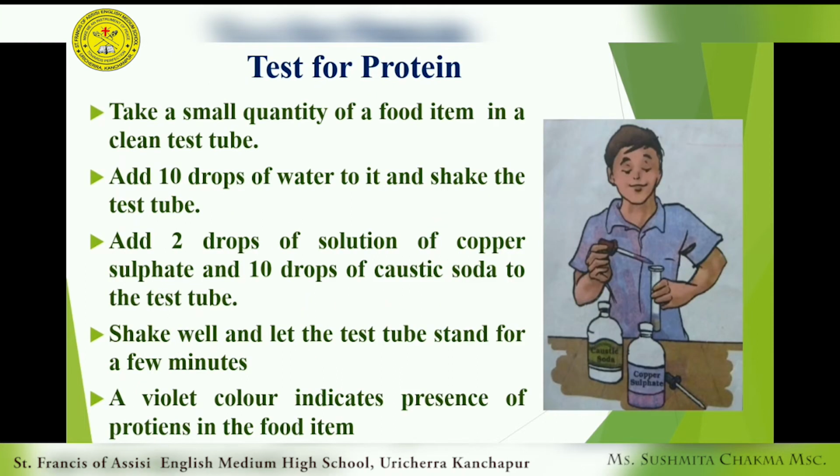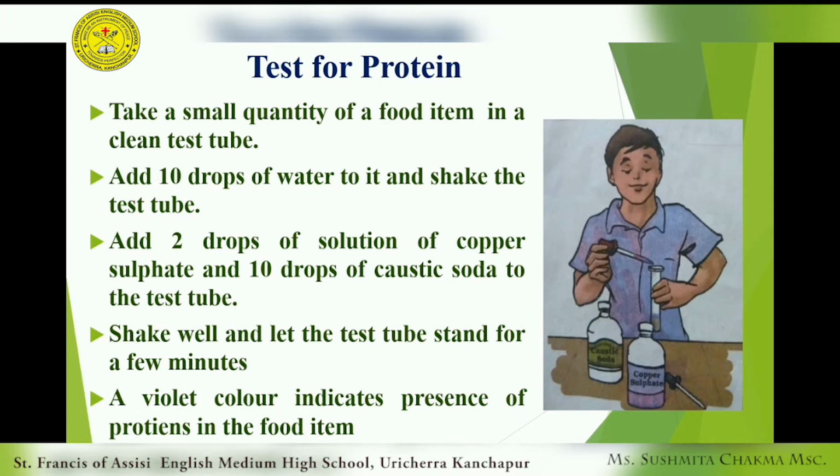Now test for proteins. How can we test for protein? We'll take a small quantity of the food item in a clean test tube. Then we'll add 10 drops of water to it and shake the test tube. Then we'll add 2 drops of copper sulfate solution, then 10 drops of caustic soda solution to the test tube.